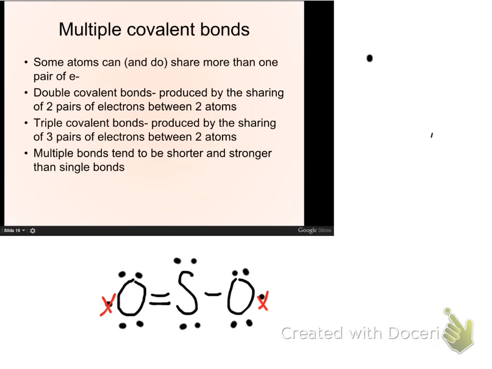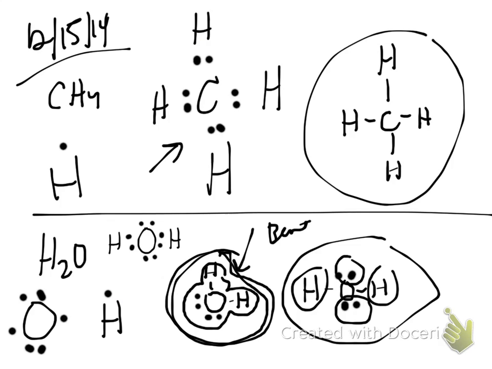You know what? Let's go back and check on something that we forgot to mention as we're going through our structures. Let's go through our checklist. So starting from here, whenever we think we're done drawing a Lewis structure, we want to go through a little checklist. Do we have all the atoms we need? Do we have 1 carbon, 4 hydrogens? Yes. Is everything happy as far as octet goes? And of course, remember, hydrogen's an exception.